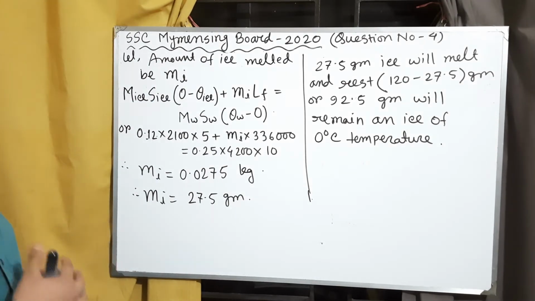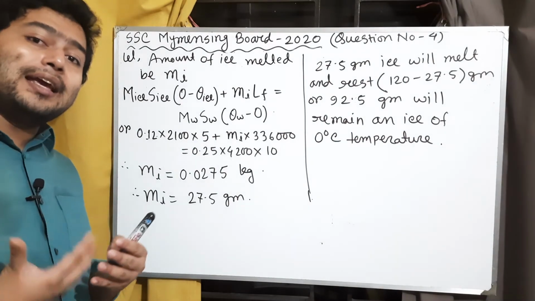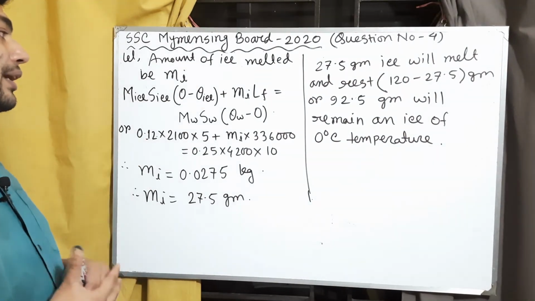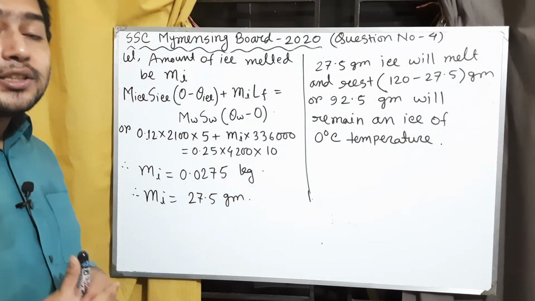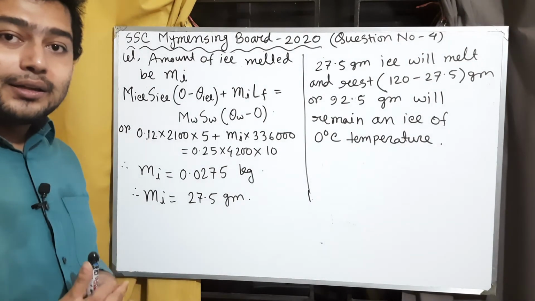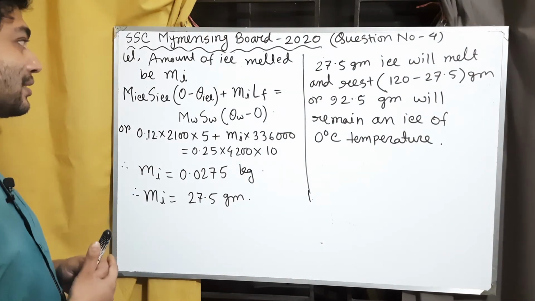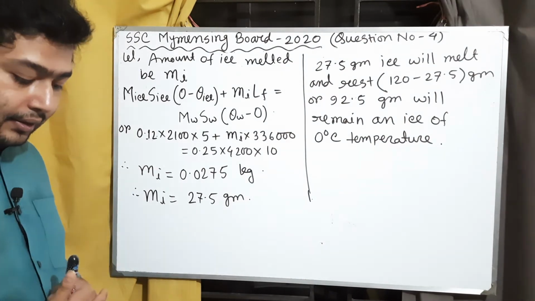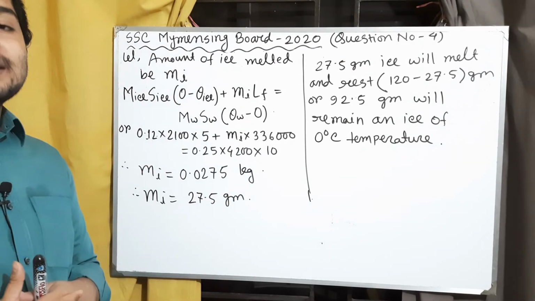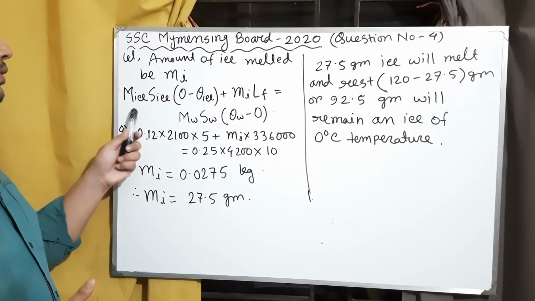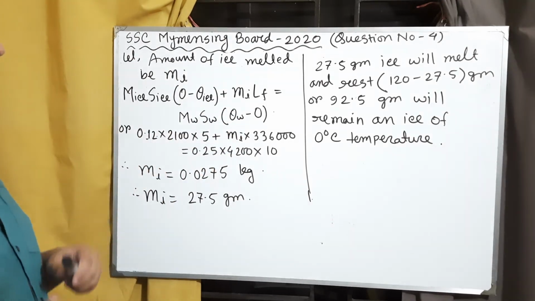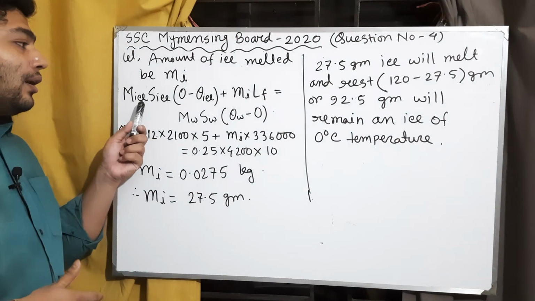So again the ice will gain heat and the water will release heat. According to the theory of calorimetry, we can write that the heat required to melt equals heat supplied. In this case it will be in 2 steps.